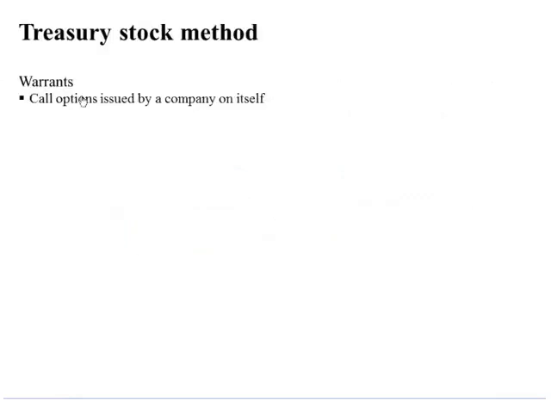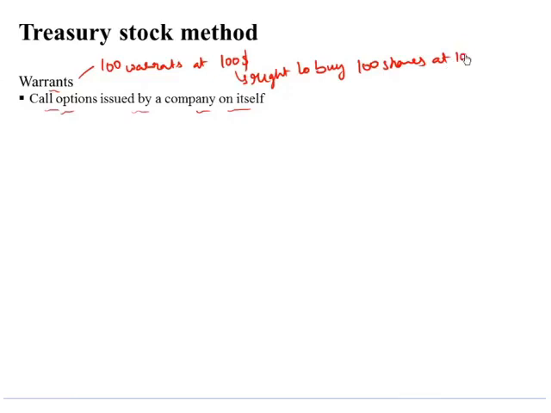The first potentially dilutive security that we'll study is called a warrant. So warrants are call options issued by a firm on itself. And what is a call option? You'll study in more detail in the review on derivatives, but just to introduce, if I have 100 warrants outstanding at a price of $100, then what that essentially means is that I have the right to buy 100 shares of the company from the company itself at a price of $100.